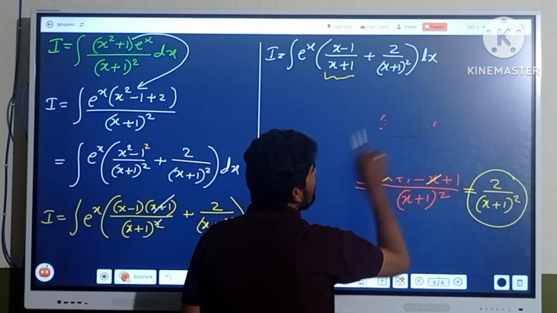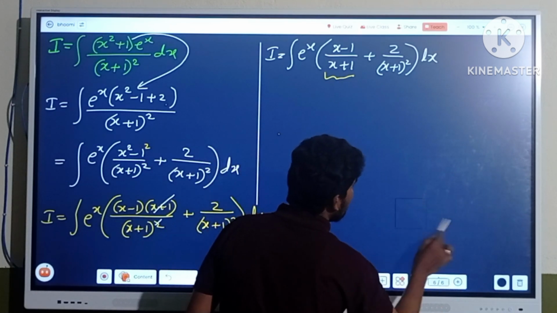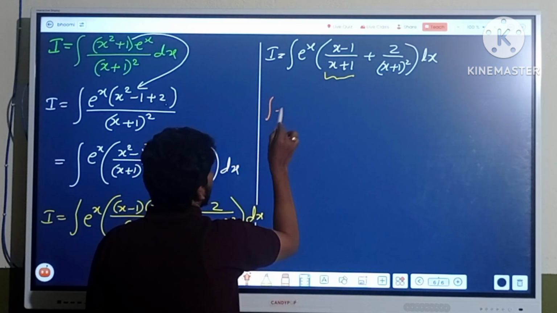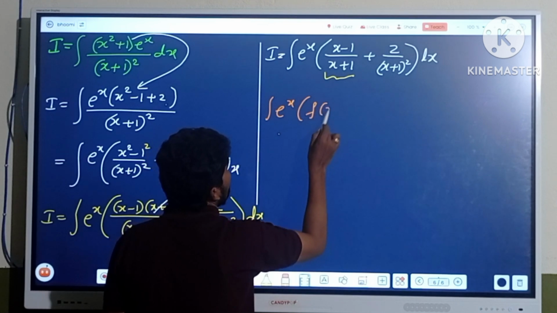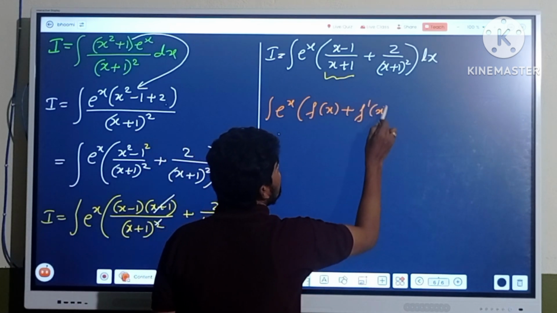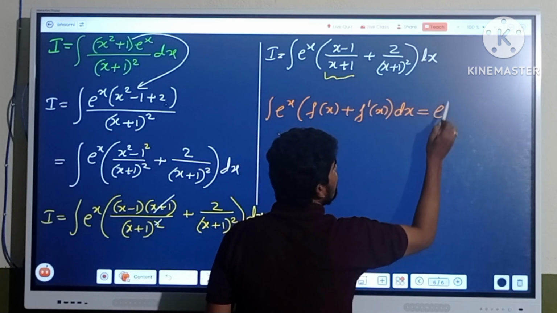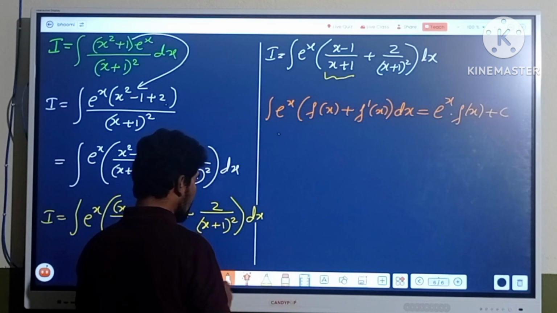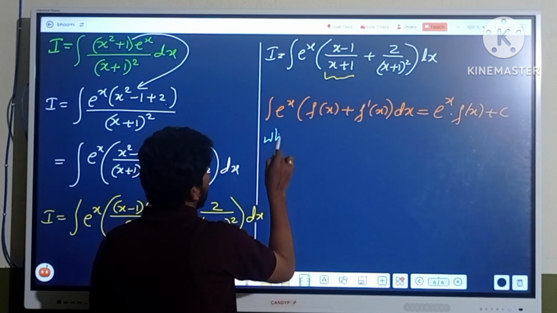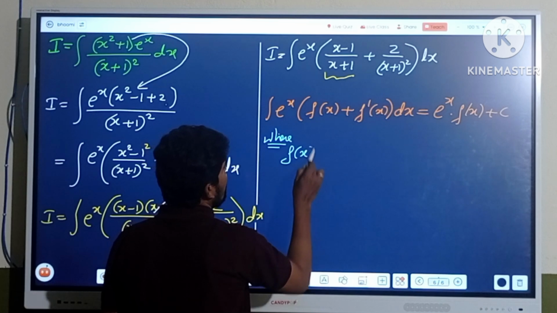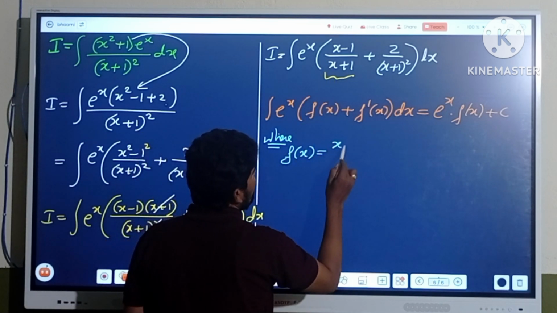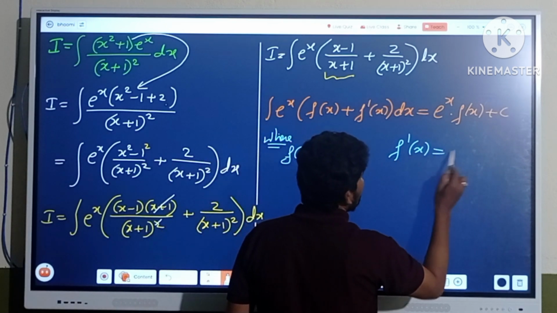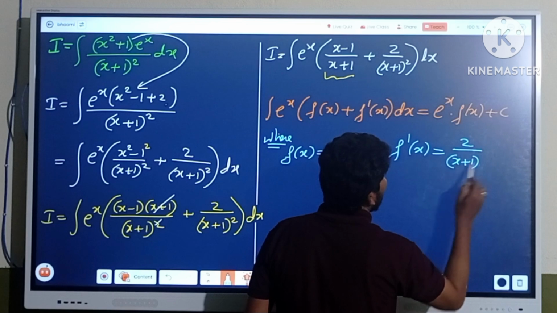And we know the formula: if the integral is of the form integration of e power x into f(x) plus f dash x with respect to x, it is equal to e power x into f(x) plus integral constant c, where f(x) is (x minus 1) divided by (x plus 1), and f dash x is 2 divided by (x plus 1) whole square.